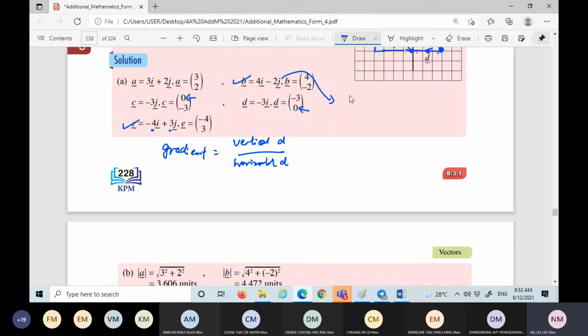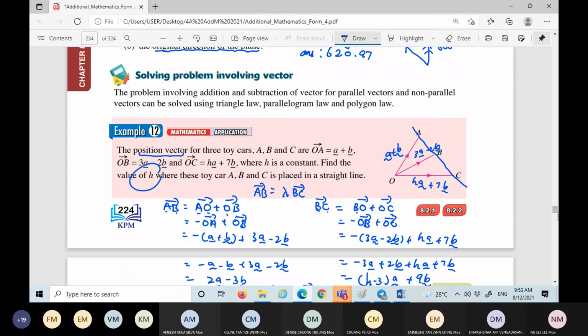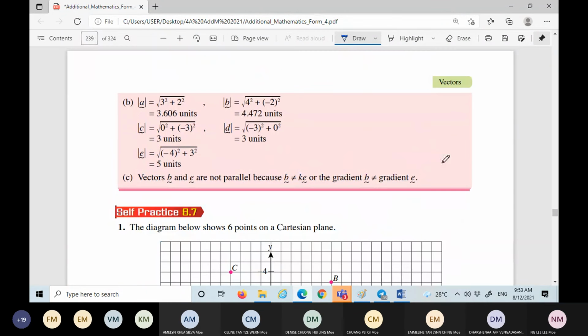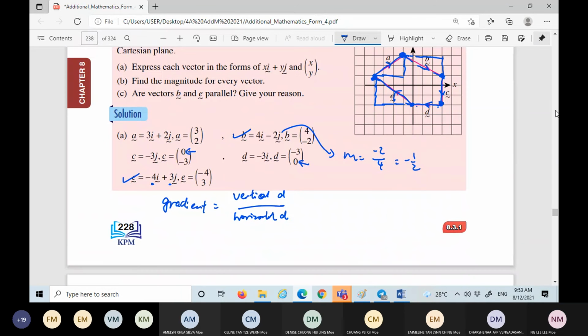So example for this. The gradient will be, this is the vertical distance, -2/4. So it's -1/2. Correct or not negative? Let me see the sign. Okay, B is coming down, so coming down is negative, correct?